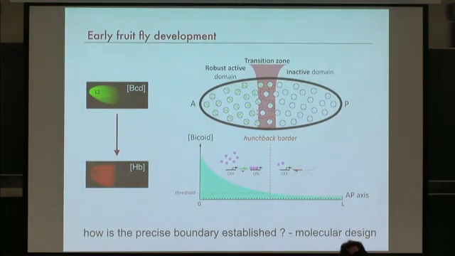So yeah, the fly is of course one of the model organisms for development. And what happens in early fly development is that the fly mother lays some bicoid mRNA here, which then diffuses and turns to proteins and forms this exponentially decaying bicoid gradient, which then regulates a bunch of downstream genes called gap genes, including hunchback.